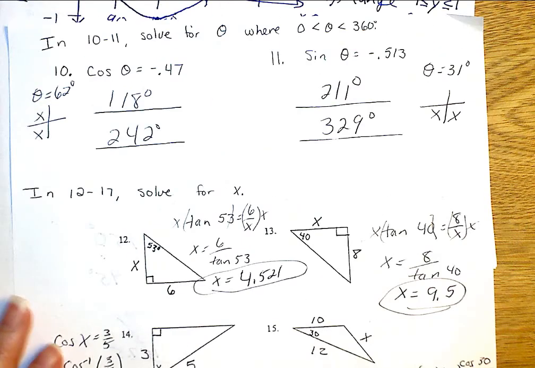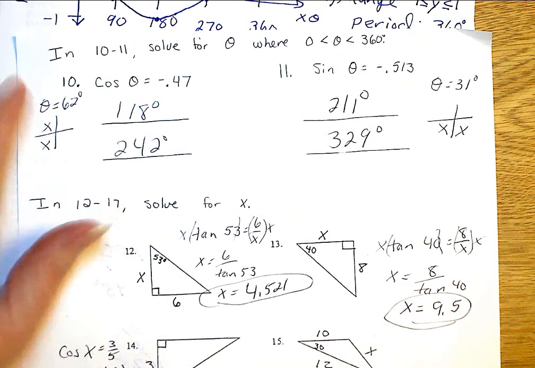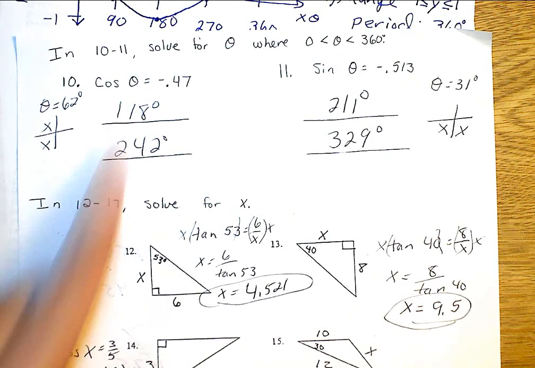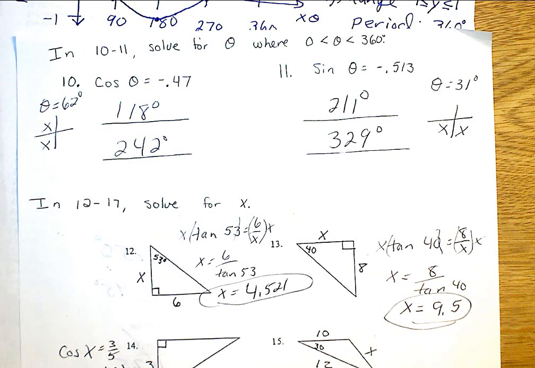Back side, number 10, you should have 118 and 242. 11 is 211 and 329 degrees. 10 and 11, any questions? Yep.